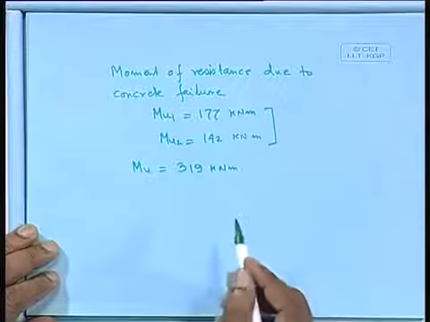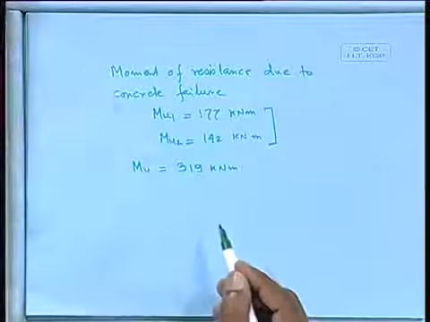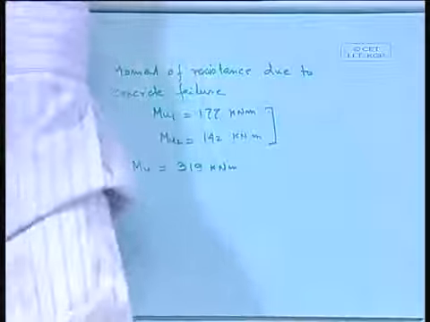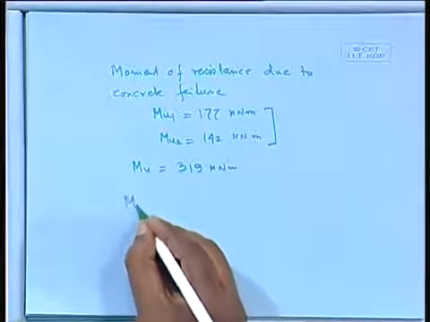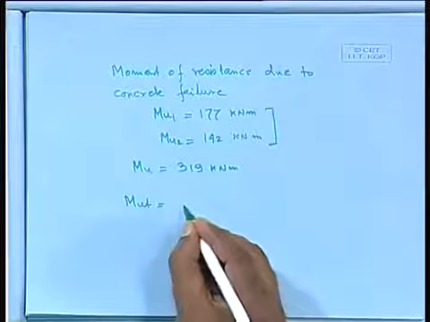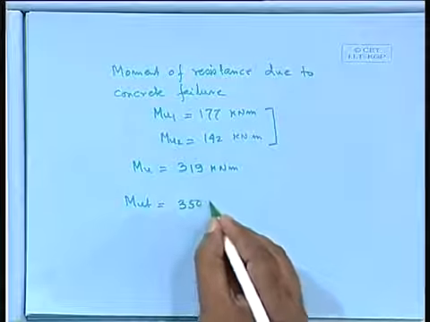We have got two values. So, we have got two values, 177 plus 173, 350. So, we can write down say Mut equal to 350 kilonewton meter.